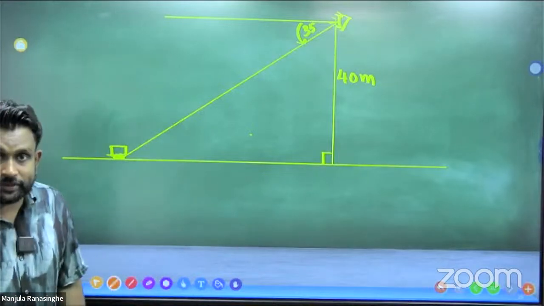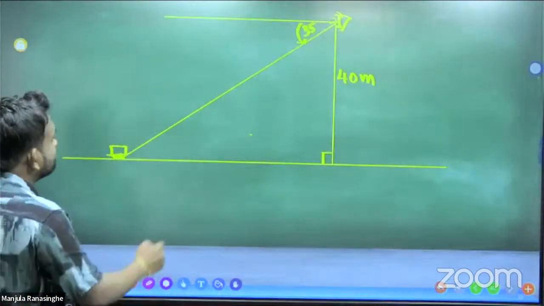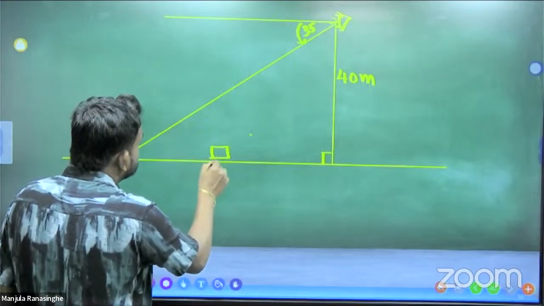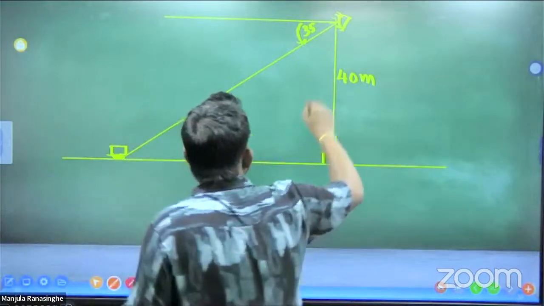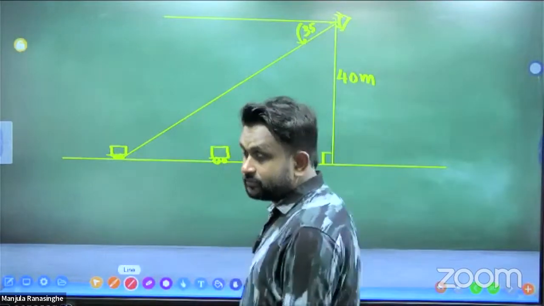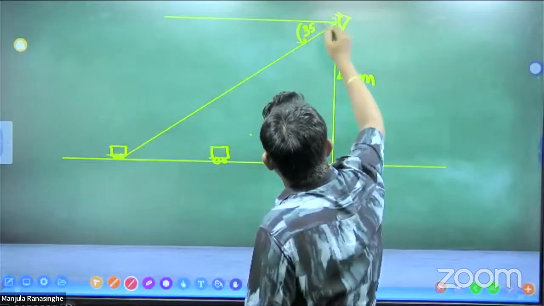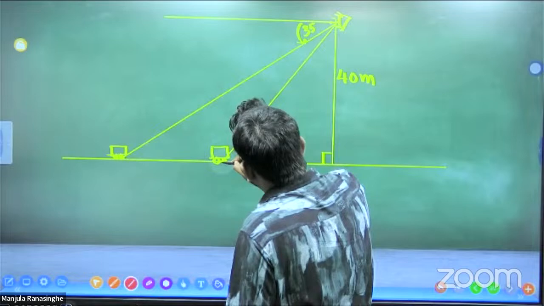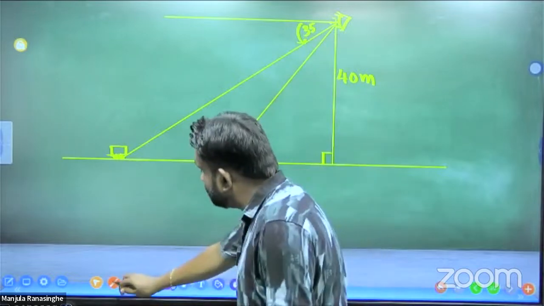Right? Then after a few minutes, what happened? The car is coming to a certain point. The car is coming to somewhere here. Then he observed the car with an angle of depression of 60 degrees, right? Then from here to here, now he sees the car here. This is the depression now.